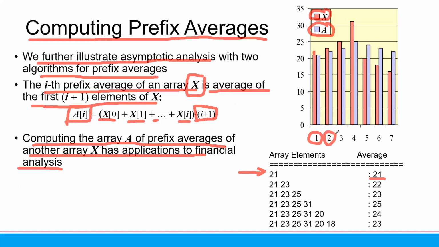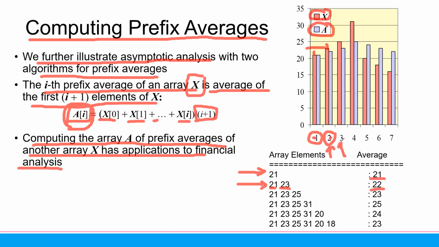At time 2, let's say this is January and this is February, I want to get the average. If I look at the red color, the value of X is about 23. The first value is 21, the second value is 23, so the average will be 22. Every time I would like to calculate the average whenever I come to a particular time.